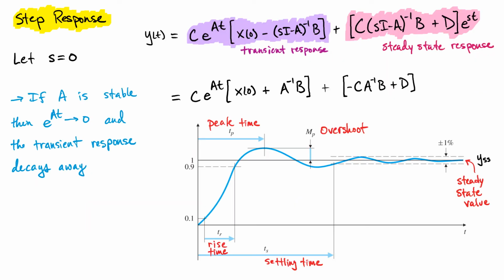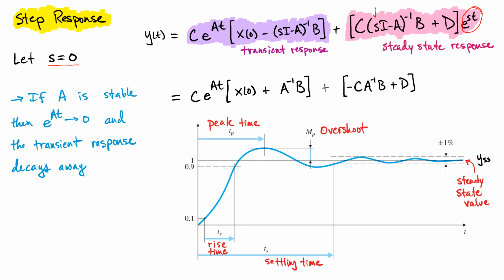And the last thing we're going to do is look a little bit more carefully at the step response. So that's where our exponential input has s equal to 0. In that case, s appears here. That's the most important aspect. s also appears here.